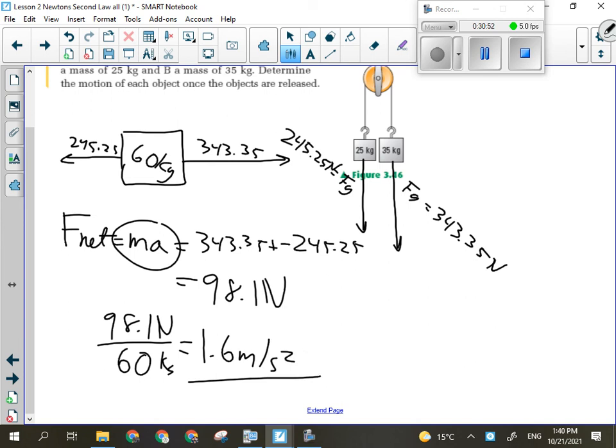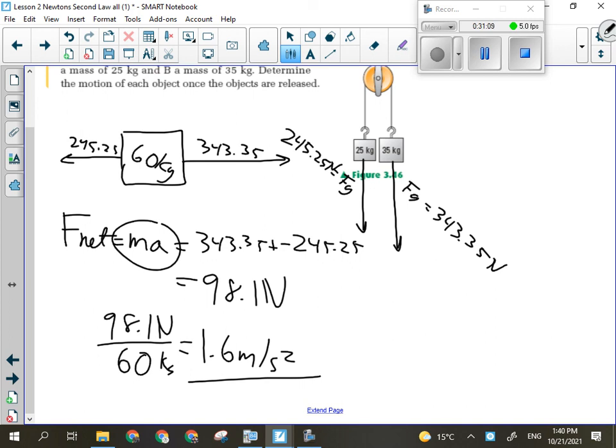Can I put a vector on that if I ask for the acceleration of the system? Nope, I can't, because one part's going up, one part's going down. In a pulley system, you cannot give a direction unless it asks for a specific part, okay?